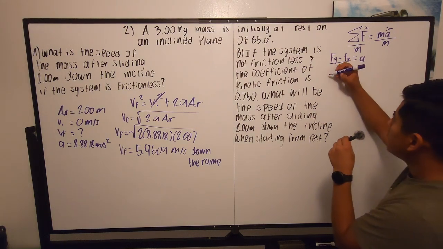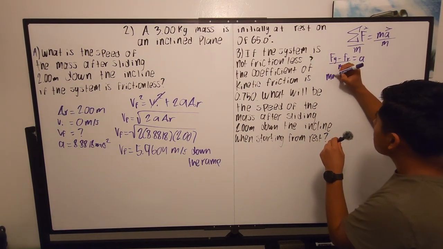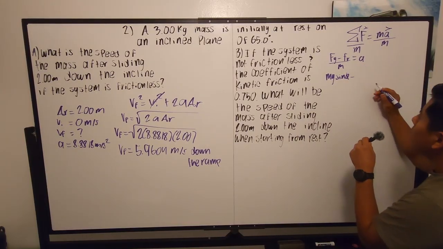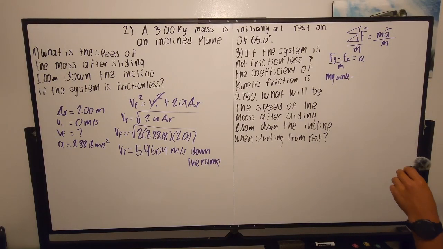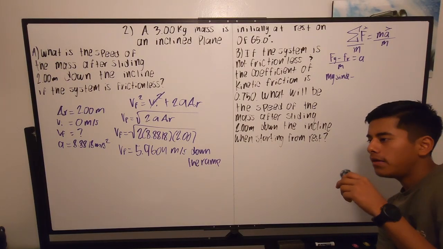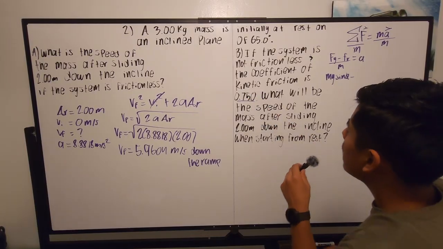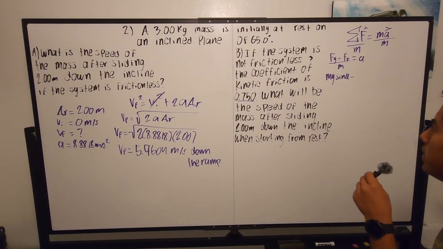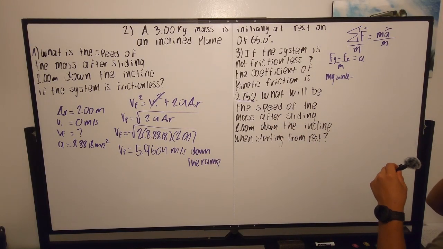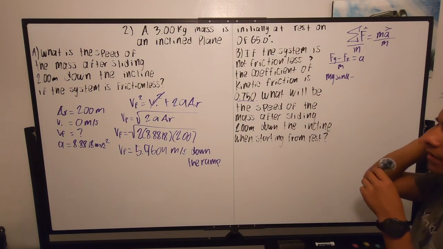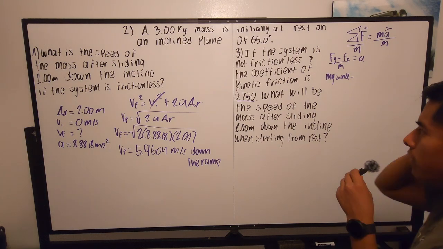Now we can expand these. So our force of gravity is going to be equal to mg sine of theta minus the force of kinetic friction, which is going to be the normal force multiplied by the coefficient of friction, which is this one right here. And the normal force in this case is going to be the perpendicular component of the gravity.